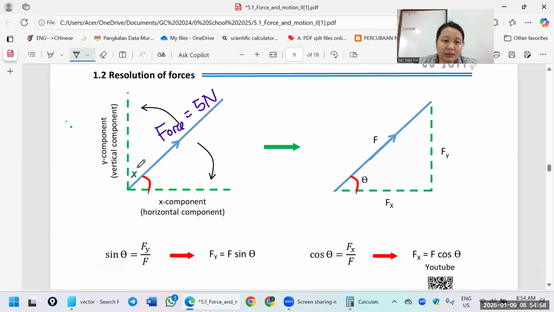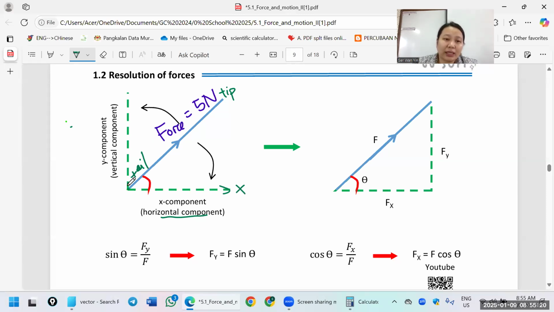This is called the tail of the arrow, or the head or tip of the arrow. Normally we start with the tail. So from the tail, we draw a horizontal component, or normally I would call it the x-axis, x.